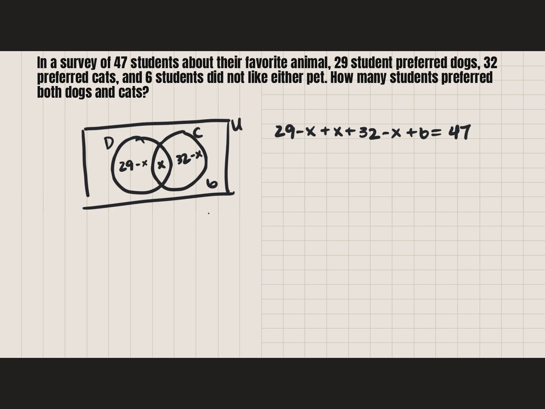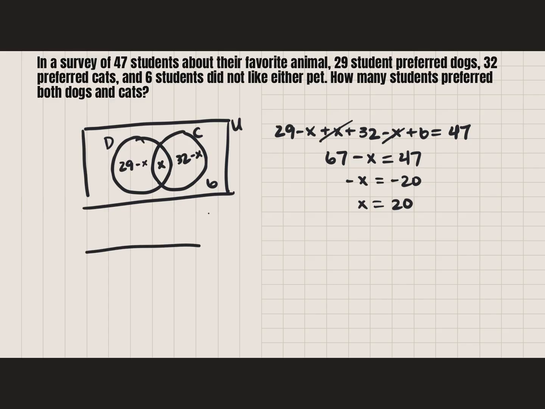If I combine all my like terms, I'm going to get 29 plus 32 plus 6 gives me 67 minus 1x, because I'm going to have 2 of these x's cancel, equals 47. Well, then if I subtract that 67 from both sides, I'm going to get negative 20, and divide by that negative 1. That means there's 20 individuals total in the middle.